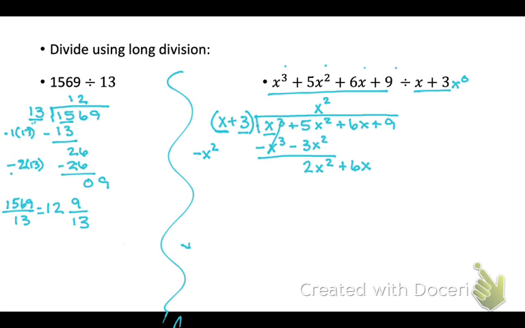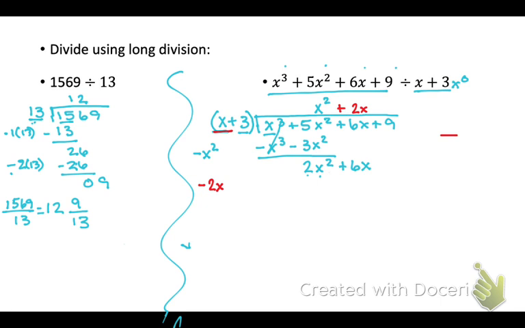Okay? So again, what do I multiply x by to get 2x squared? 2x. Positive or negative? Positive. So plus 2x, again above the x term. Then I come over here and write negative 2x so I can subtract.